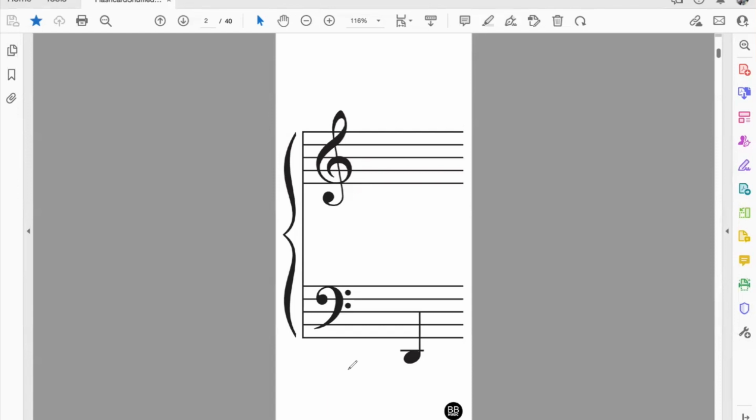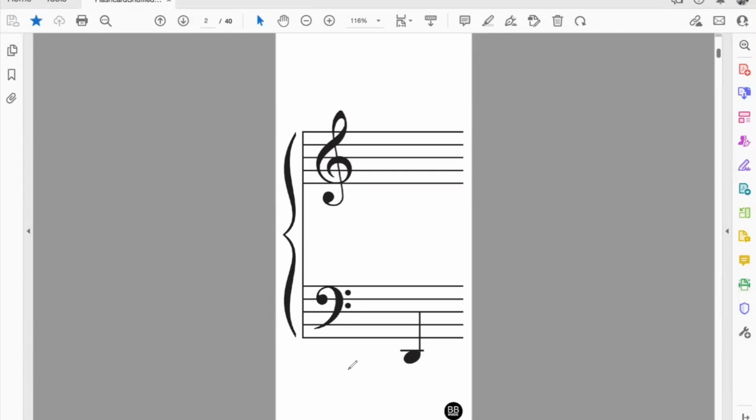A, C, E, G, B, D, F, A, C, E, G, B, D, F, A, C.